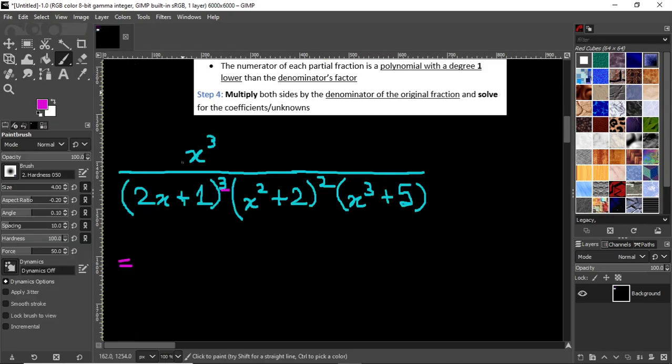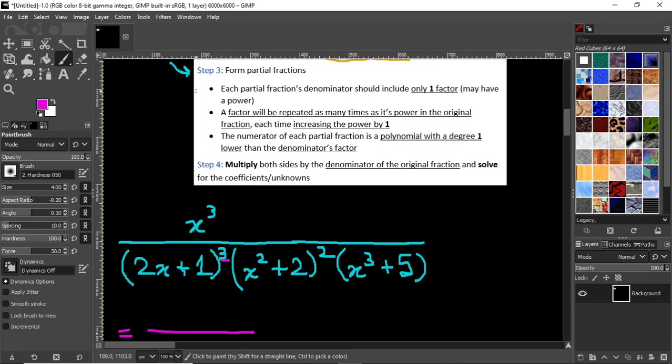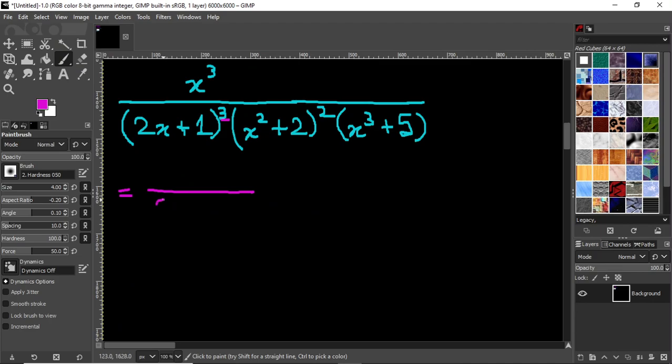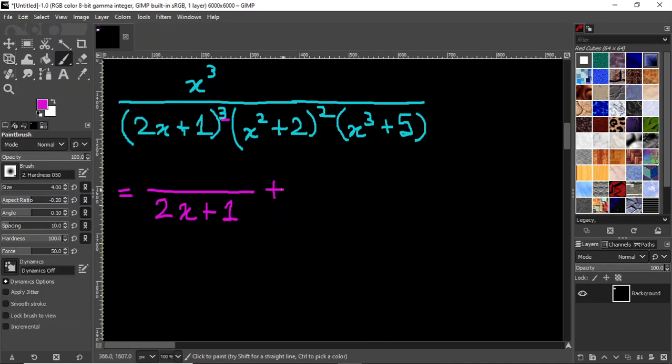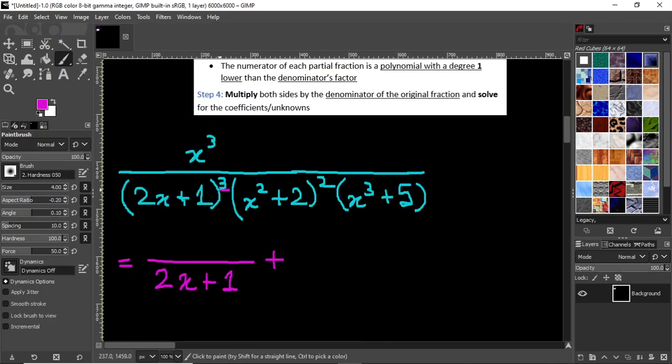Let me illustrate this. Let me not blabber on about this, just showing this is better. So the partial fractions here are going to be based on this, for these first 2 points. You'll have something like 2x plus 1, okay, and this is to the power of 1, but I don't really need to write that. Okay, and 2x plus 1, it has a power of 3, right? Here it's going to be repeated 3 times.